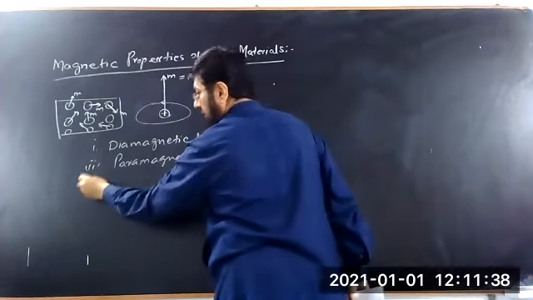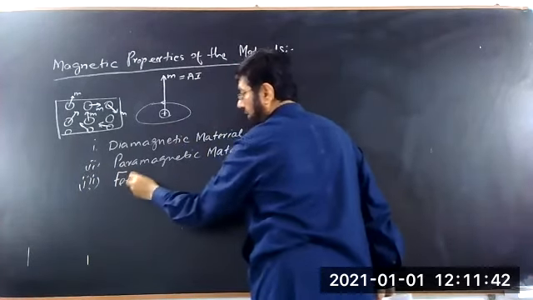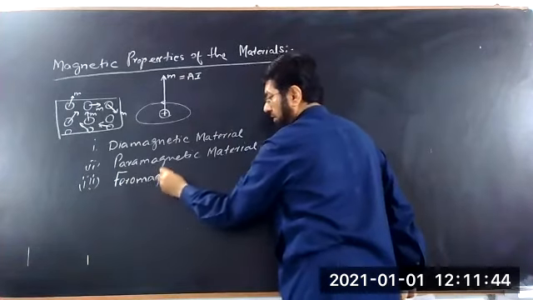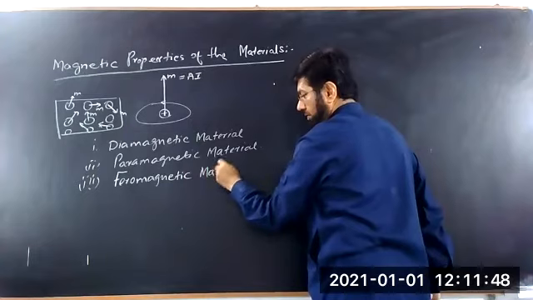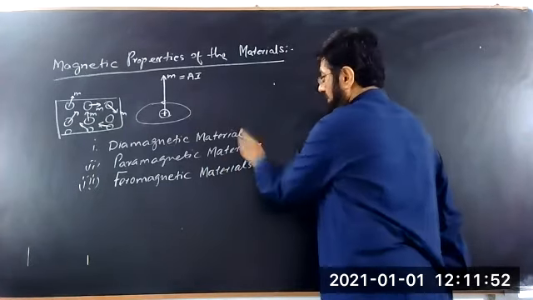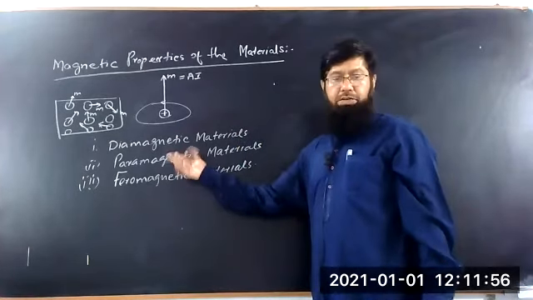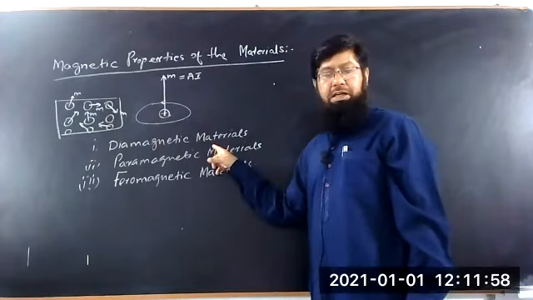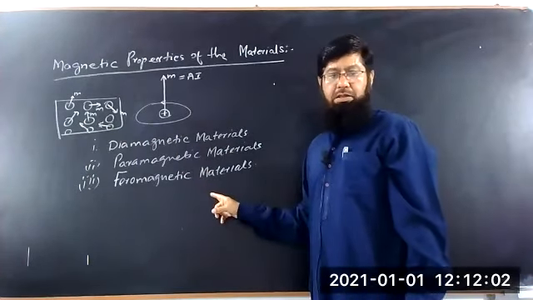Number three is ferromagnetic materials. So these materials are categorized in three ways: diamagnetic materials, paramagnetic materials, and ferromagnetic materials.